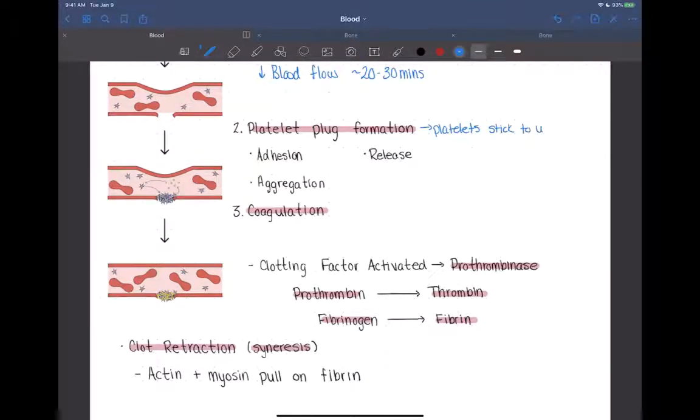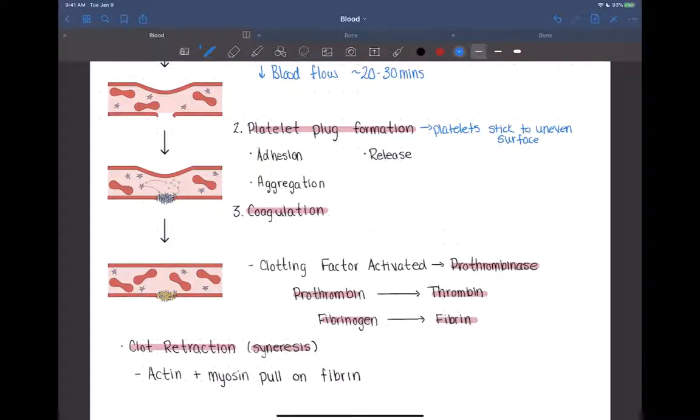There would be exposed collagen in that area, those damaged cells, that endothelium would be broken, and that layer of prostacyclin and nitrous oxide would be disrupted. And so that would trigger platelets to stick.